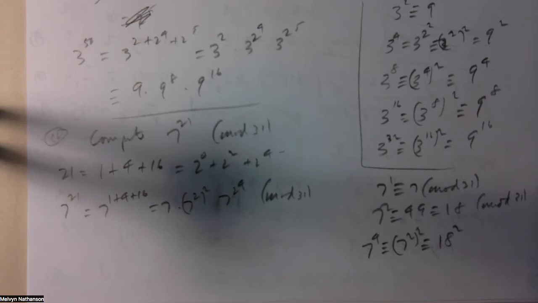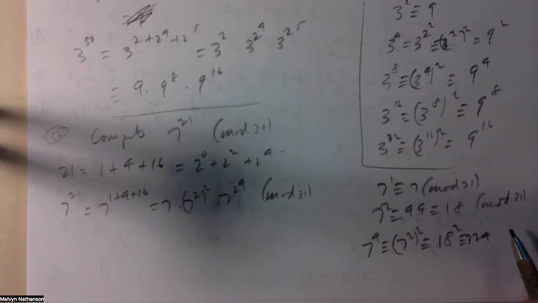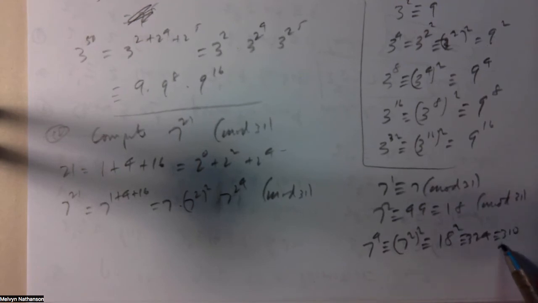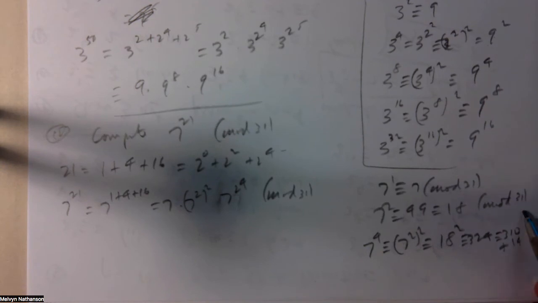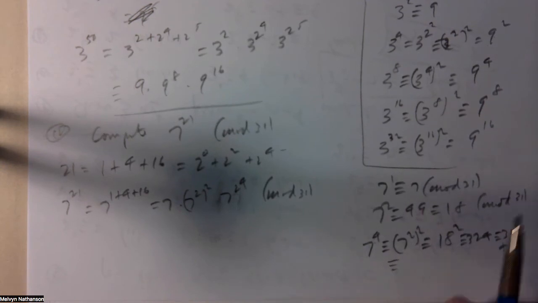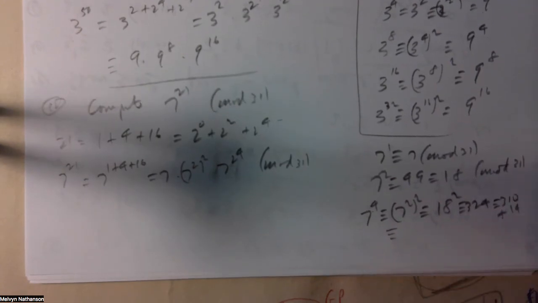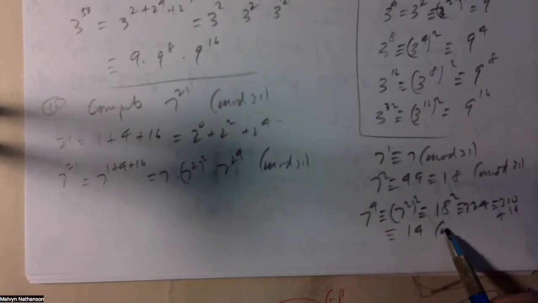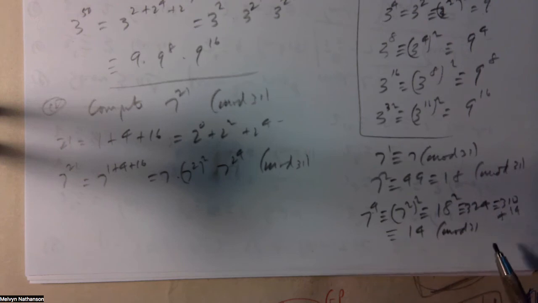If you take 324 and you divide it by 31, you get 10 something. So let's see, 324 is 310 plus 14. So 7 to the 4th is congruent to 14 mod 31.